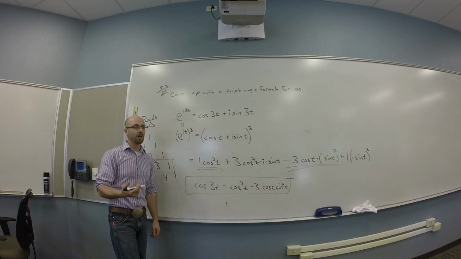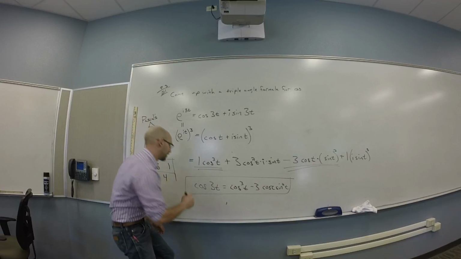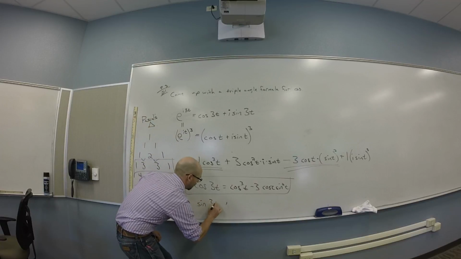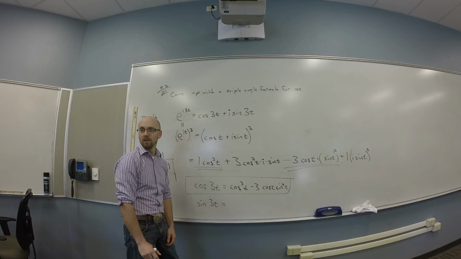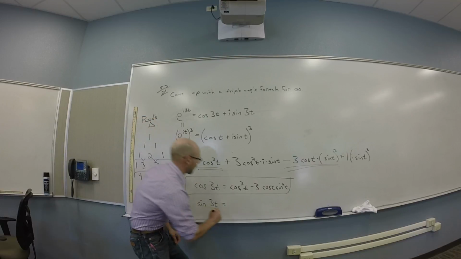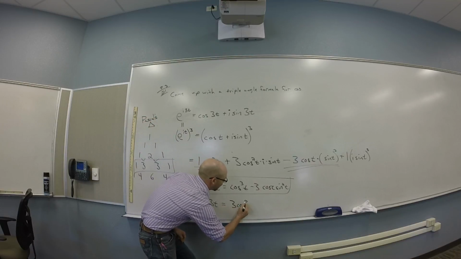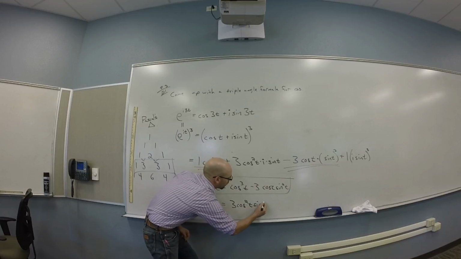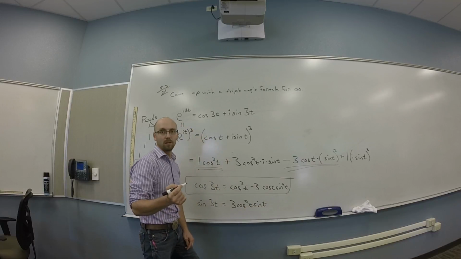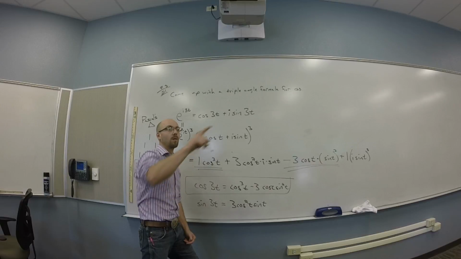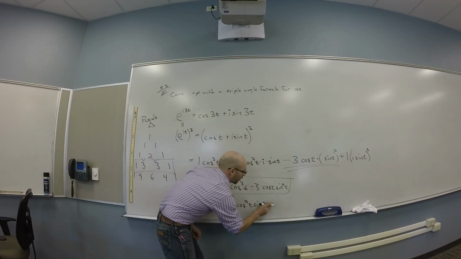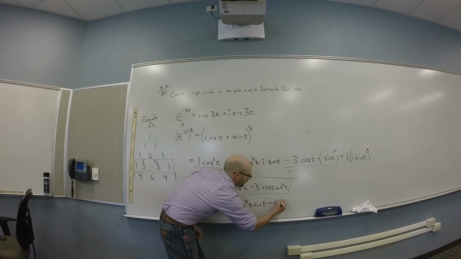And as a bonus, we got the sine one. So what's sine of 3t since we're here? Yeah, it'd be all the stuff with i's in it. So looks like I got 3 cosine squared t sine t. And then how about minus sine t cubed?